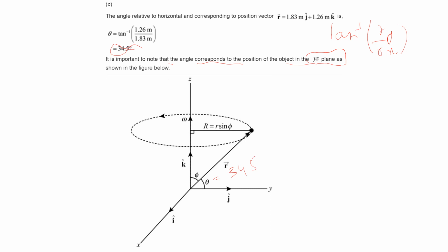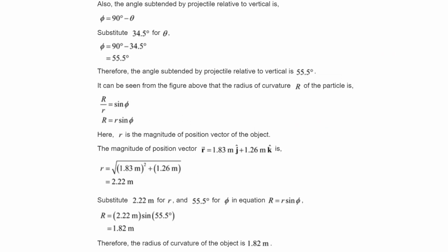Now we want to find this angle, so simply using the trigonometry rule, 90 minus 34.5, we get something around 55.5. This is the angle subtended by the projectile, or the vertical angle, which I discussed in the last slide.